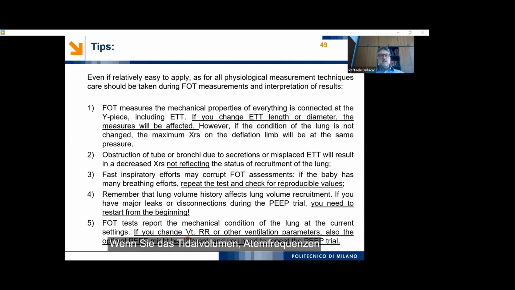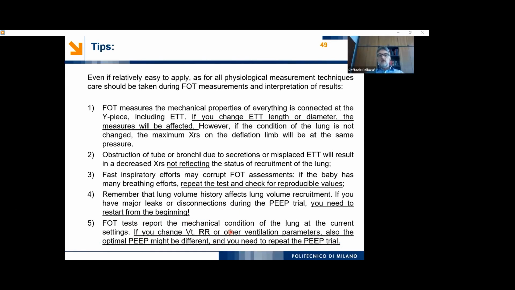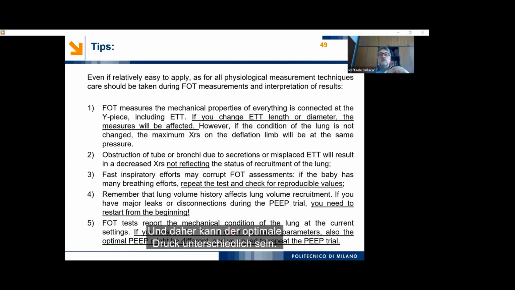If you change tidal volume, respiratory rate, or whichever other ventilation parameter, you also need to repeat the test and adjust PIP, because when you change the working condition of the lung, these changes will affect also lung mechanics, and therefore the optimal pressure might be different. This is not something related to FOT per se, but it's just a physiological consequence of the changes that you apply to the system.